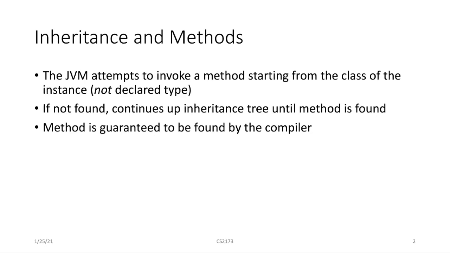So if I define a variable to be of a particular type, that's say a superclass of the one that I'm actually instantiating, then if I try to invoke a method that is in the subclass but not the superclass, the compiler will not let me do that.